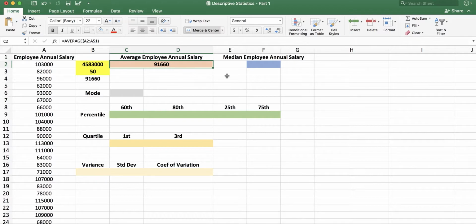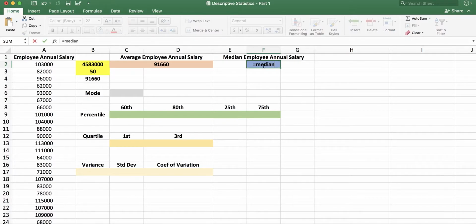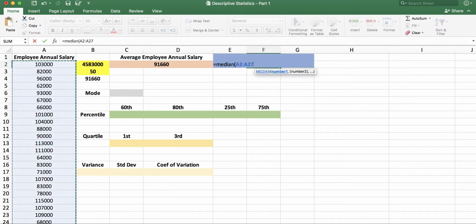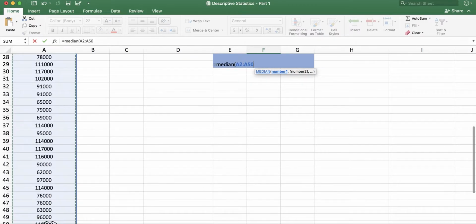The next descriptive statistic that we are going to look at is the median, and median has a function. The nice thing about Excel is a lot of these descriptive statistics have a function, and the function names are essentially the same as the name of the statistic that you're interested in. So for the median, we enter A2 up to A51.